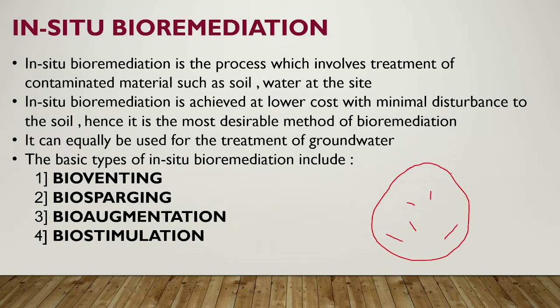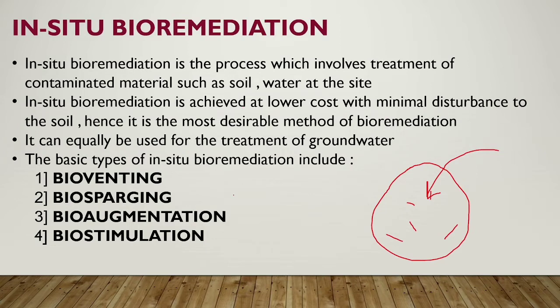And to this pool, we add microorganisms at the same site where the contaminants are present. We are not transferring them to any other site for treating the contaminants. So, this type of bioremediation is known as in situ type. The advantage of this technique is that this process can be carried out at a lower cost.